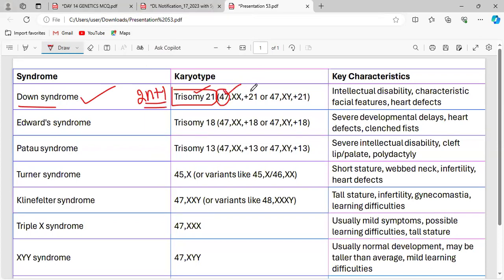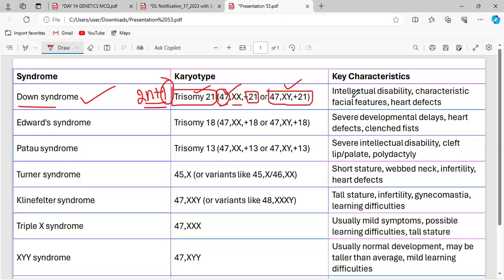Generally 46 is the normal chromosome number, plus 1 in Down syndrome. So we find 47, XX plus 21, or 47, XY plus 21. This is the condition in Down syndrome.